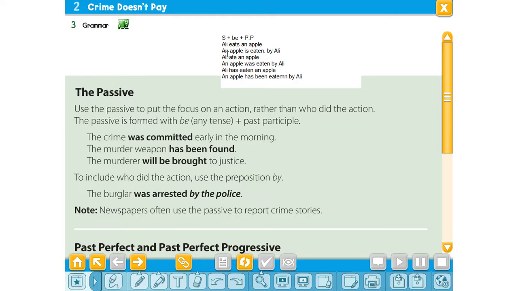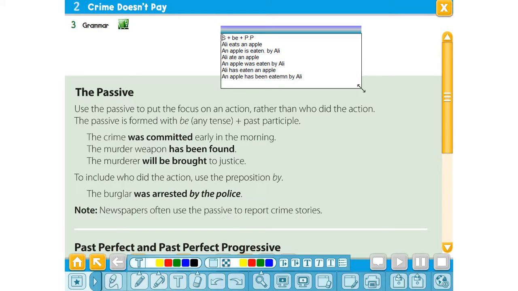So if we have sentences in active, we can use this rule. The subject will be from the object of the active sentence. Then we add verb to be, then we use past participle. After that, we can add by to include who did the action.